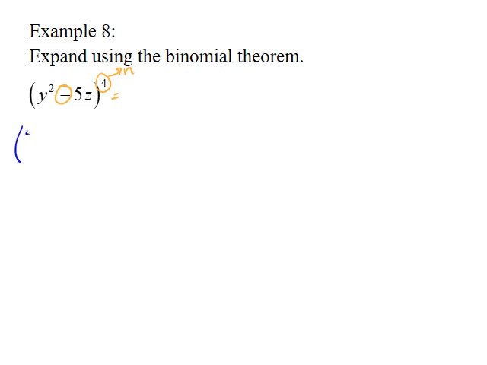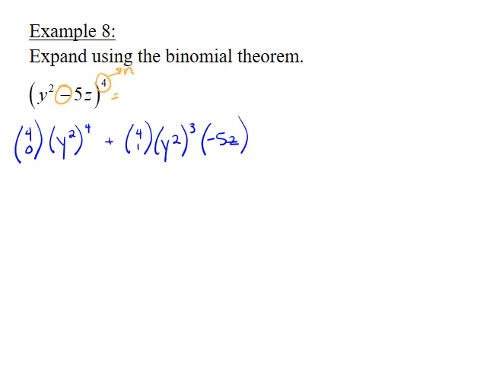So I'm going to have 4 choose 0 times my first term to the power of 4 plus 4 choose 1, my first term to the power of 3, and then my second term. And when I write my second term, I'm going to include that minus sign there.